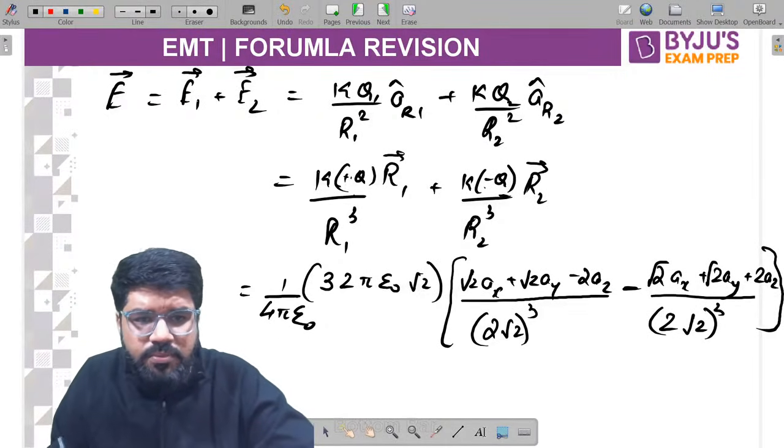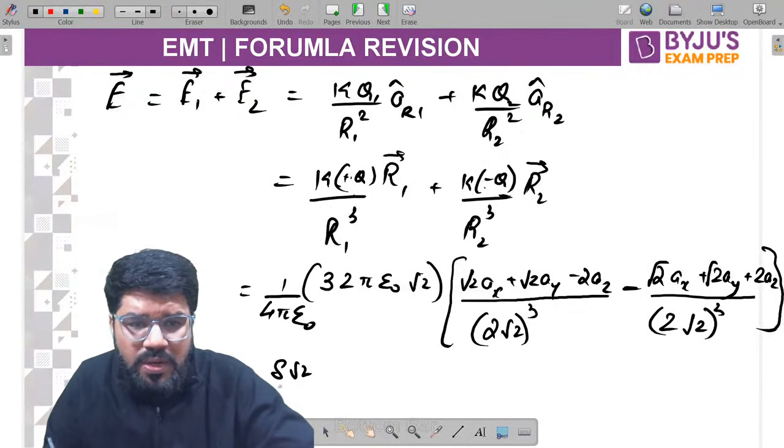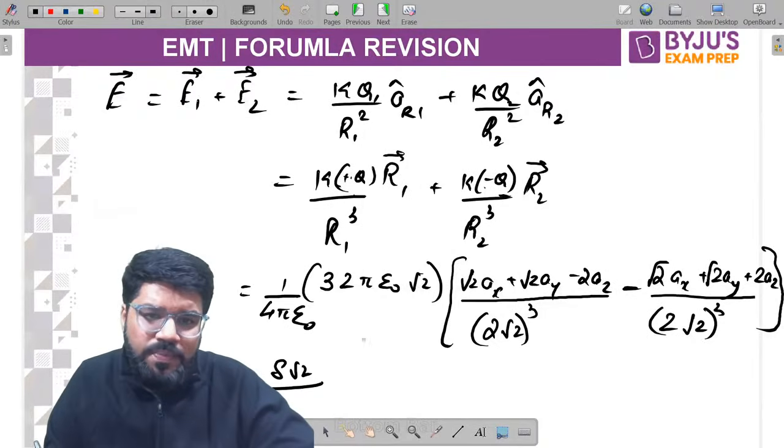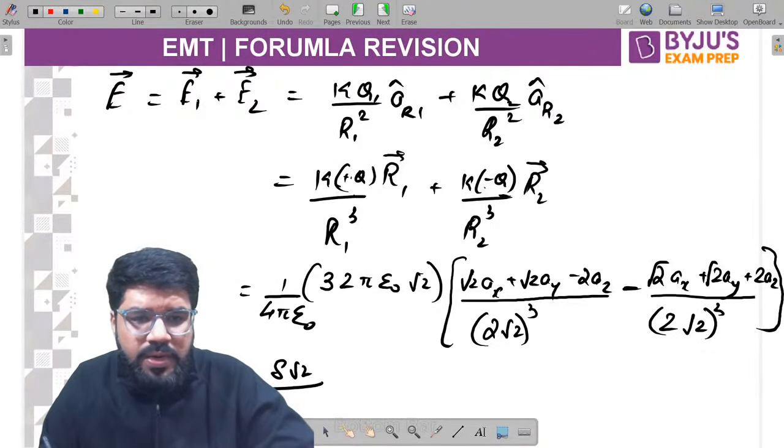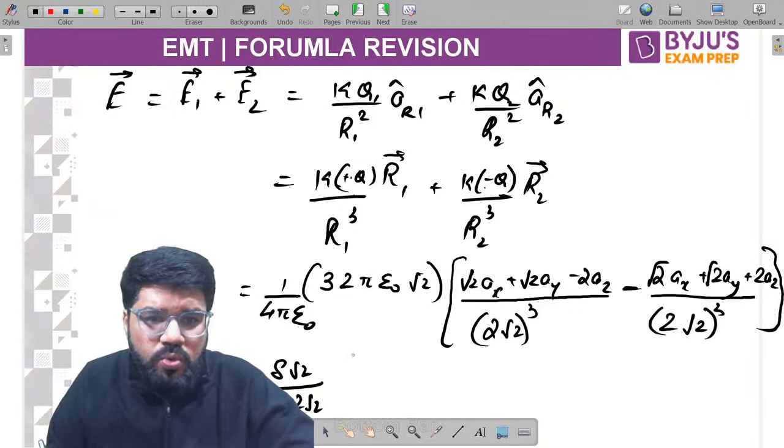Okay, so just keep noticing 4 pi epsilon naught, 32 pi epsilon naught cancelled, you have 8 root 2 divided by 2 root 2 whole cube. It's like root 8 cube, so root 8 square will be 8, and then you have one more root 8, that is 2 root 2. So this is 8 root 2 upon 8 into 2 root 2.